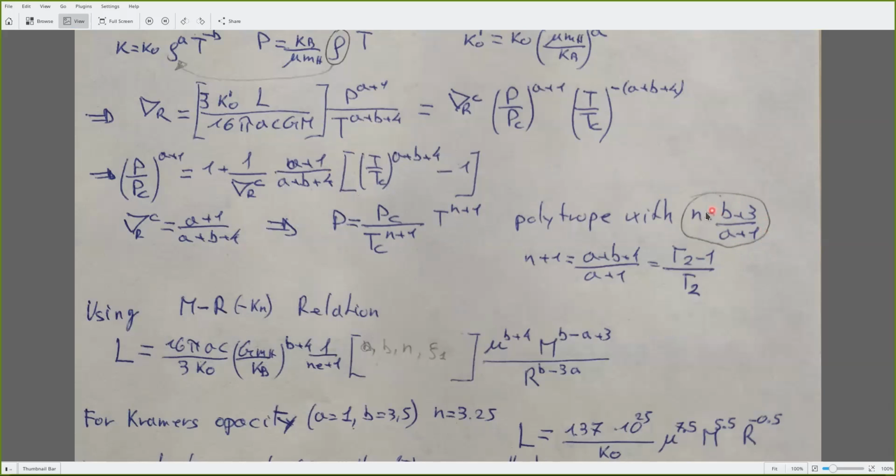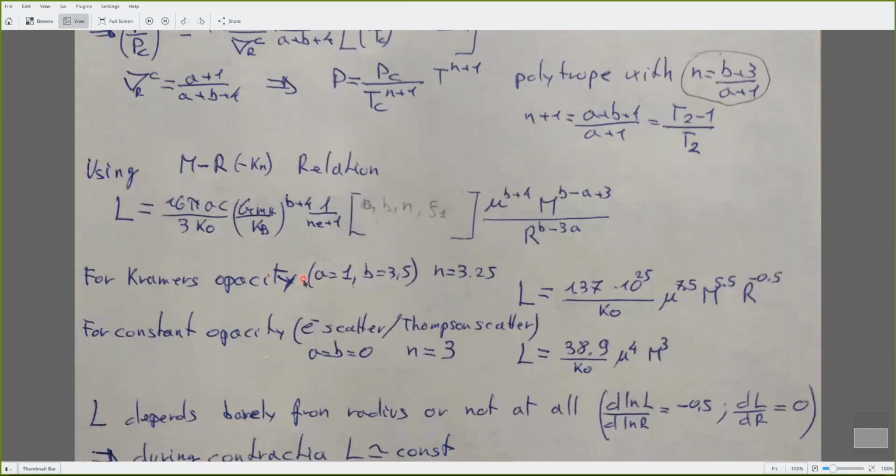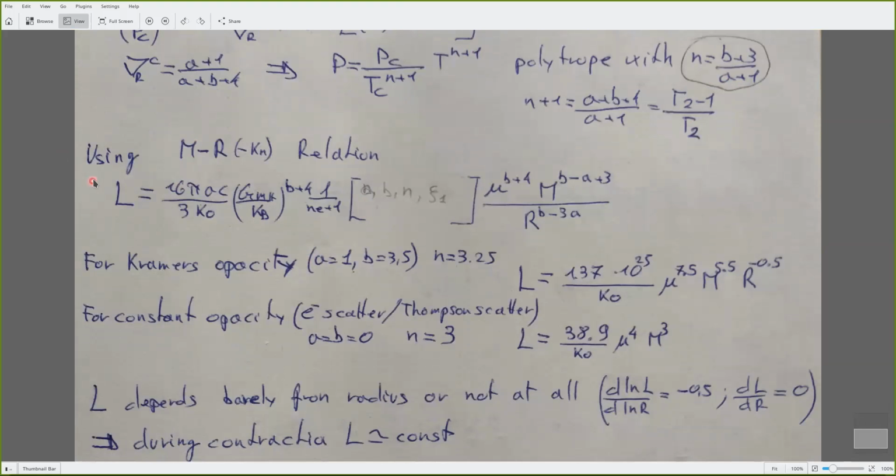We get the polytropic index n that is equal to this value. That should also be related to the adiabatic coefficient. Using the mass-radius relation, we do the calculation. We have this relation among the luminosity, molecular weight, total mass, and radius of the star.